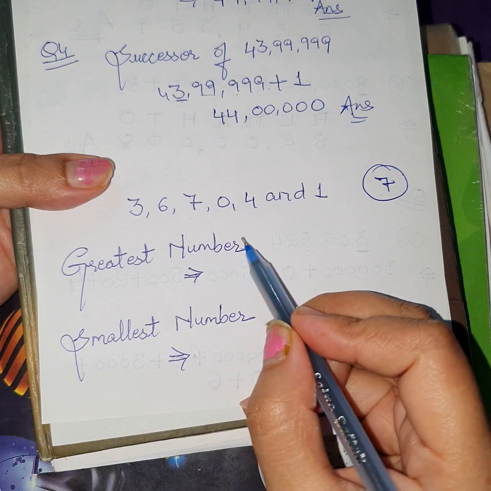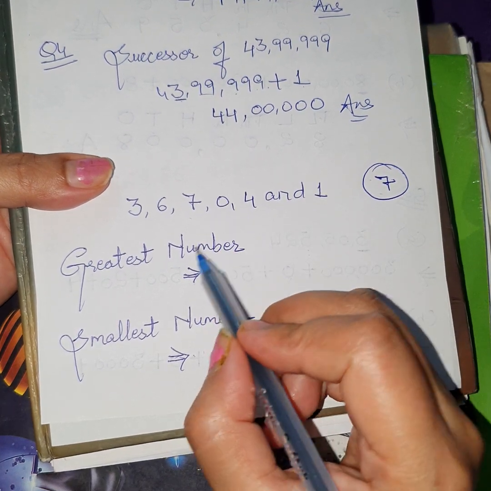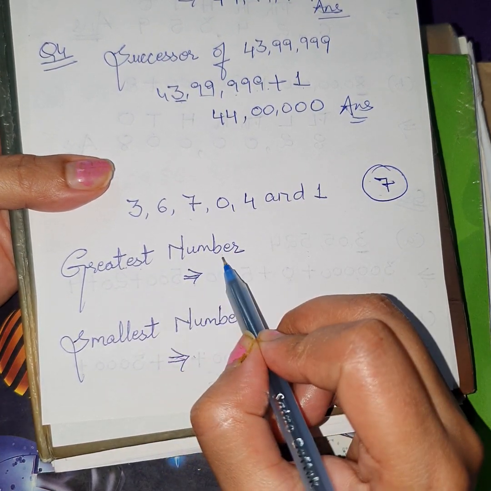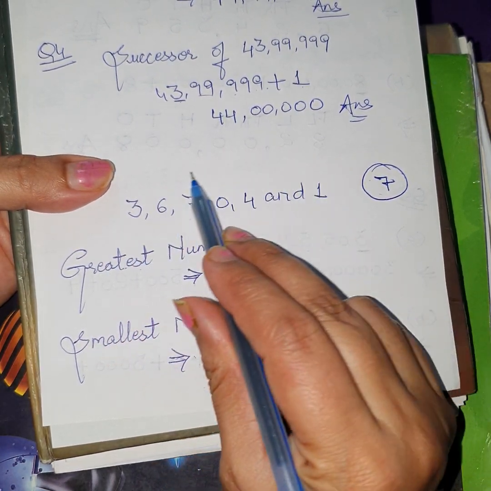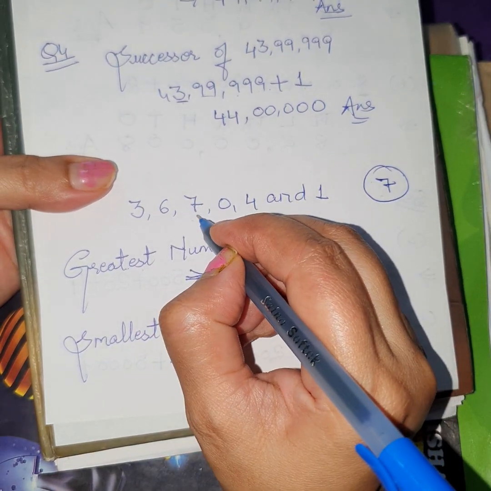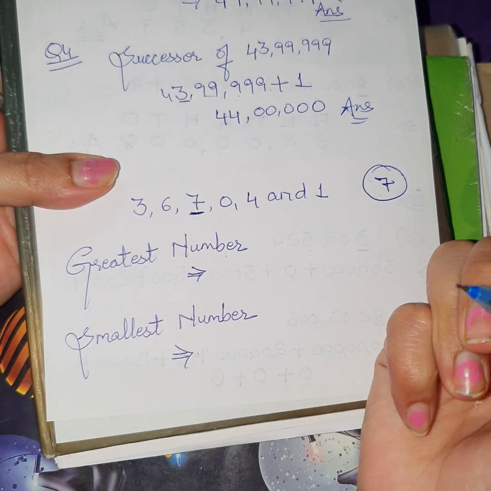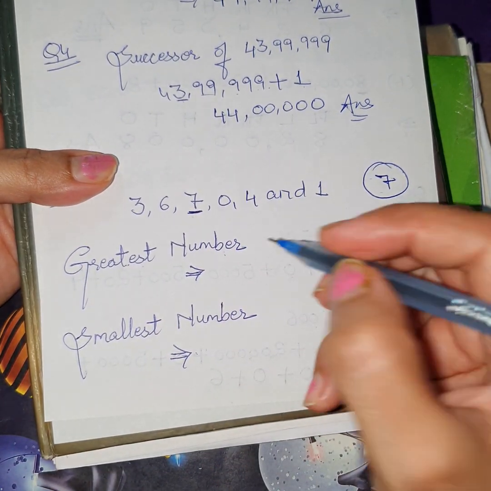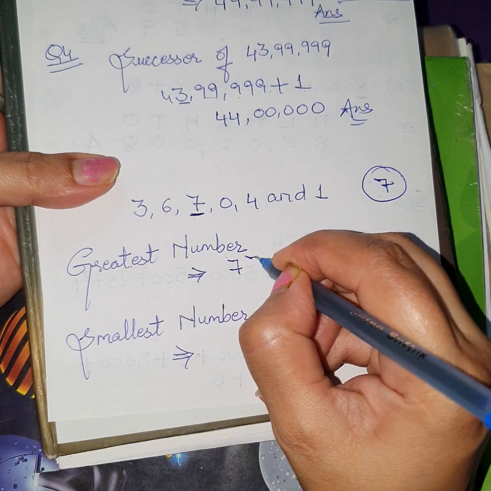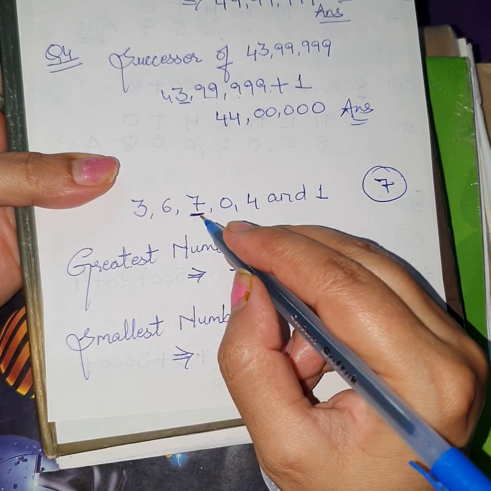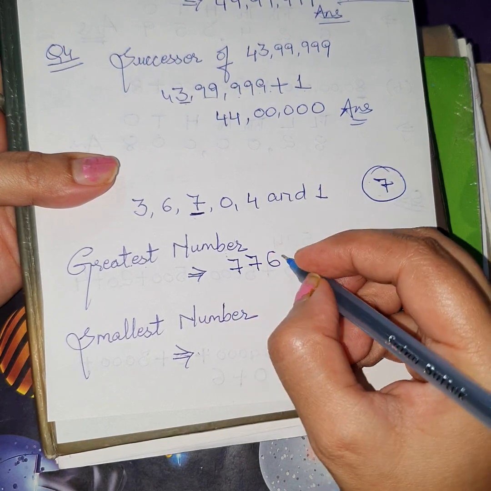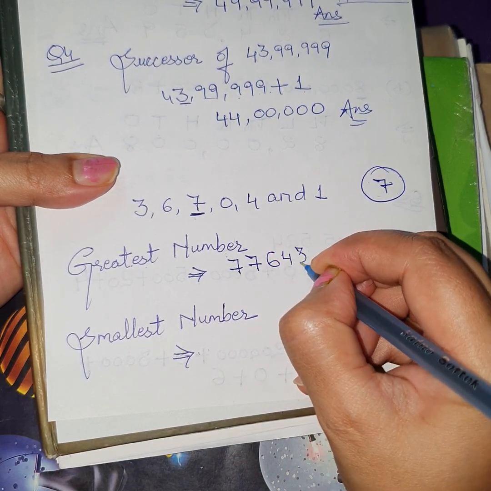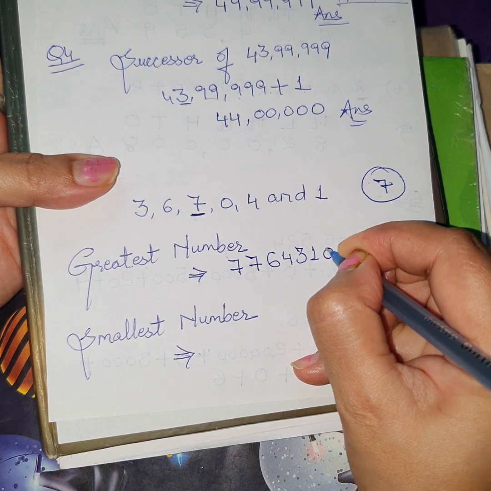So same way we will be doing this question. When we will be framing the greatest number here, then at that time we have to repeat the greatest digit from these, and you can see the greatest digit right now is 7. So we will be writing this 7 two times. So firstly we will begin with 7 only, then after 7 the next greatest is 6, so 6 will come, after 6 will come 4, then 3, then 1, and finally 0.